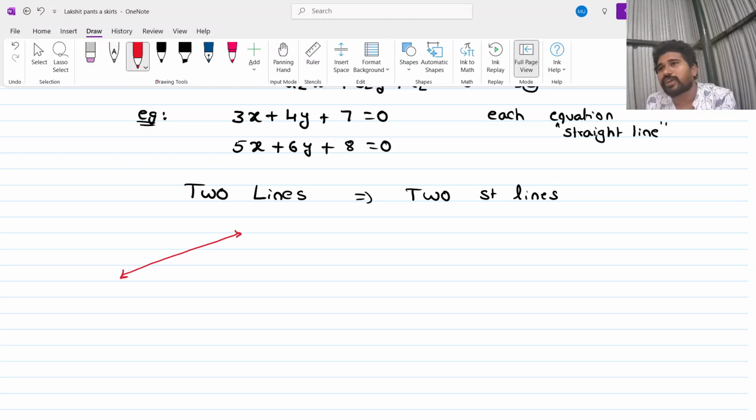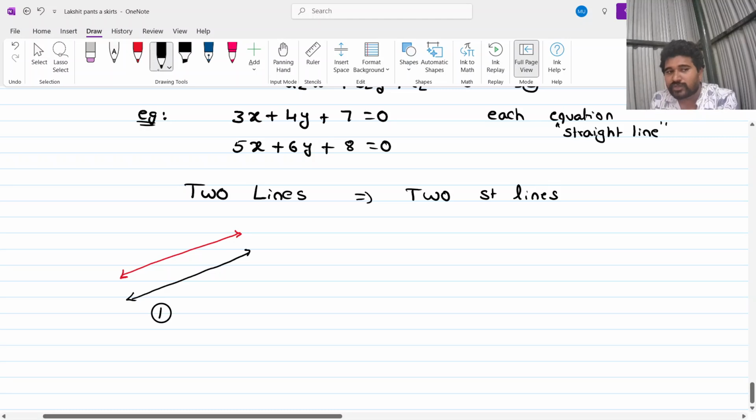Another straight line, how can you draw? Options I am telling. One straight line I have drawn like this. Another straight line I can draw exactly parallel to this. Yes, this is one option. So the two straight lines can be parallel to each other. That is one option.